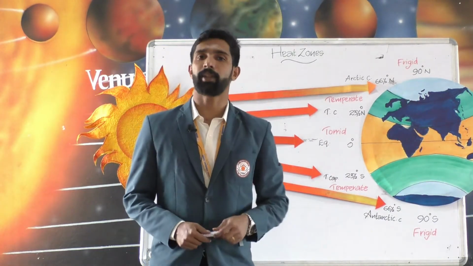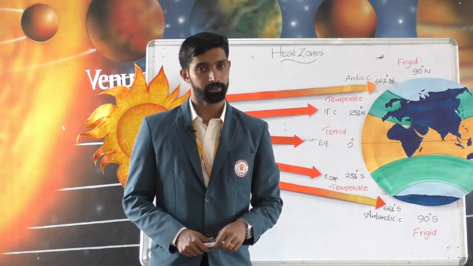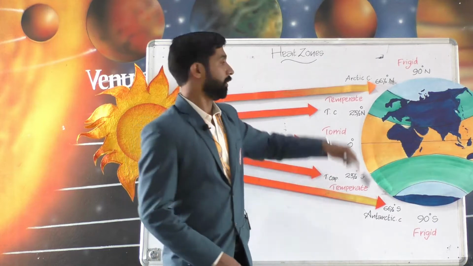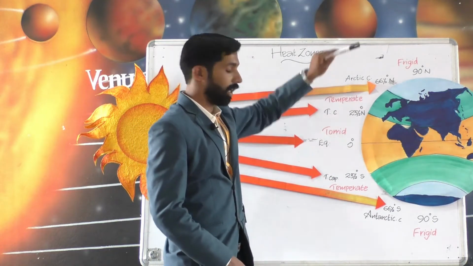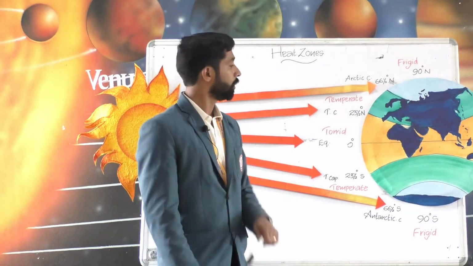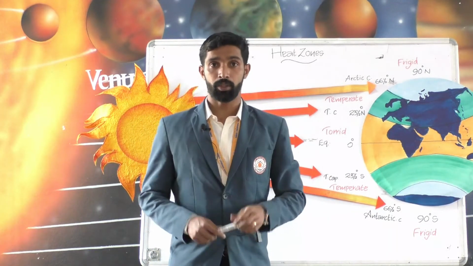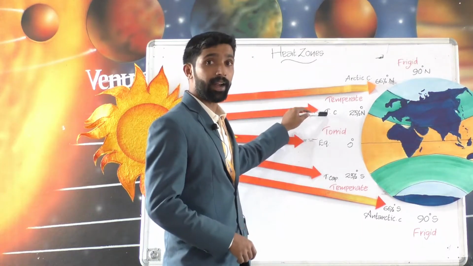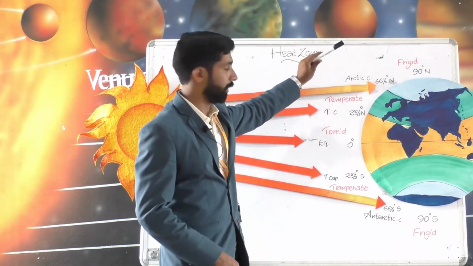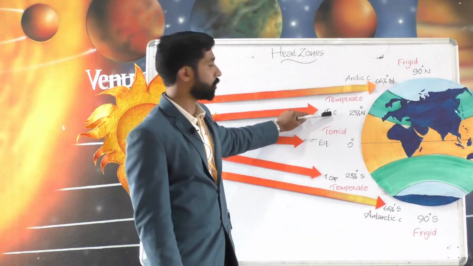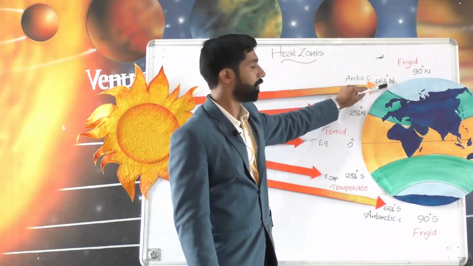We will move to the next, that is the temperate zone. There are 2 temperate zones on the earth: the north temperate zone and the south temperate zone. Got it? The north temperate zone lies between the Tropic of Cancer and the Arctic Circle, 23.5 degree north and 66.5 degree north.